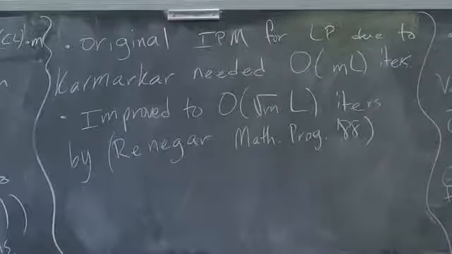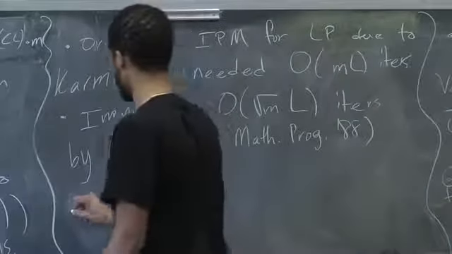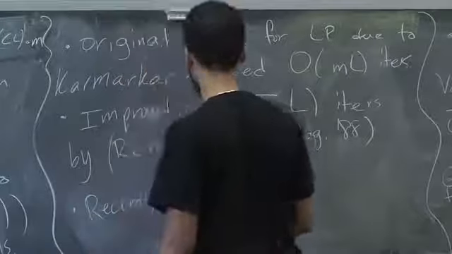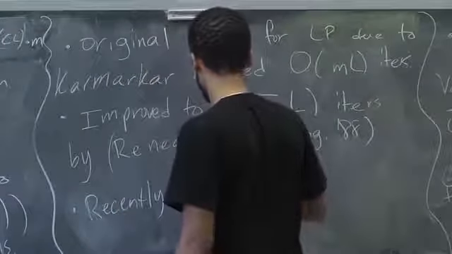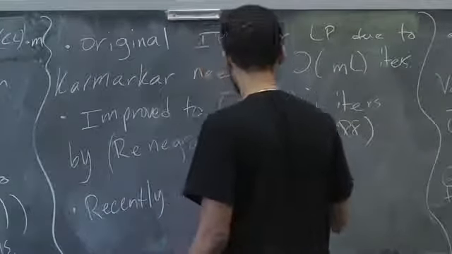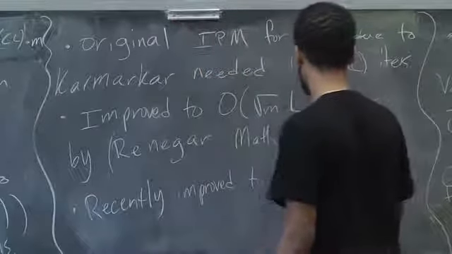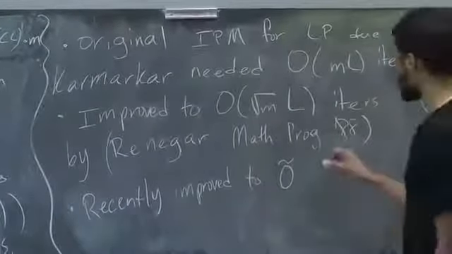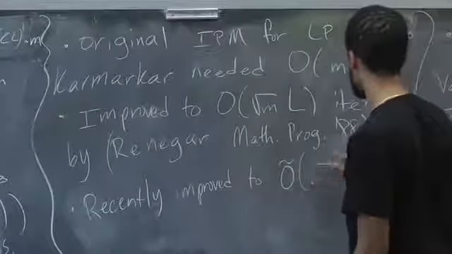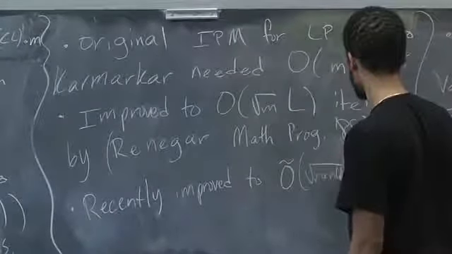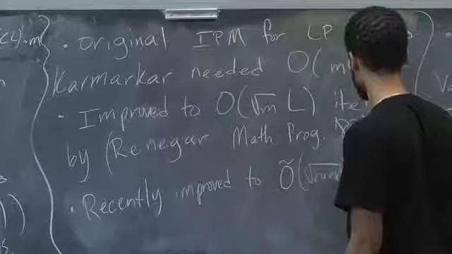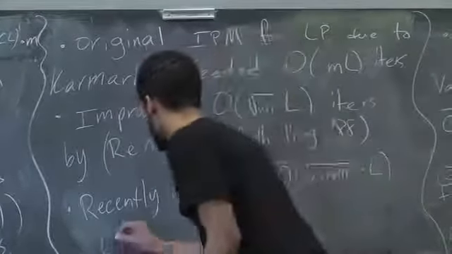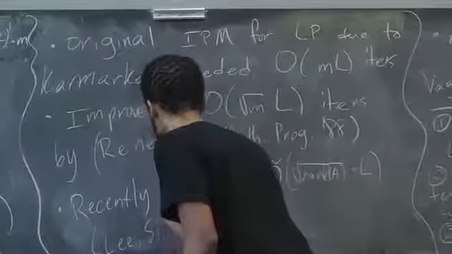Okay, and recently this was improved to O tilde, so O tilde is hiding log factors, O tilde of square root of rank of A times L. And this was due to Lee and Sidford.